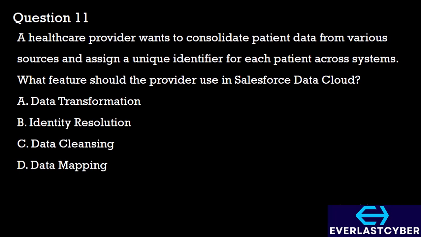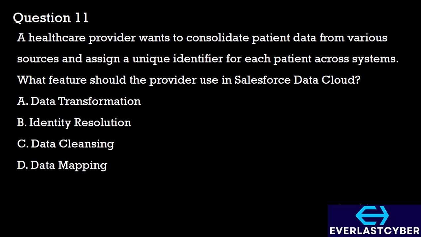Data transformation modifies data formats, values, or structures to align with specific requirements in Salesforce data. It is useful when the data needs reformatting, but it doesn't address the identification or unification of records across systems.